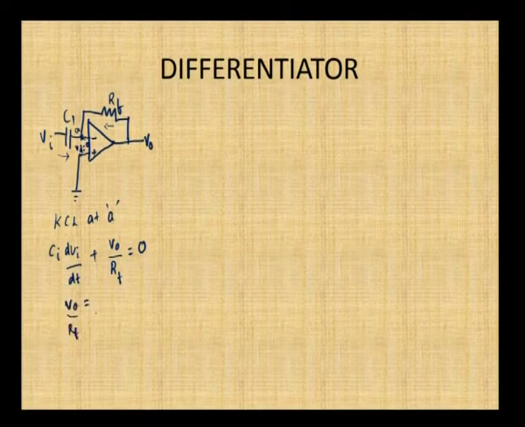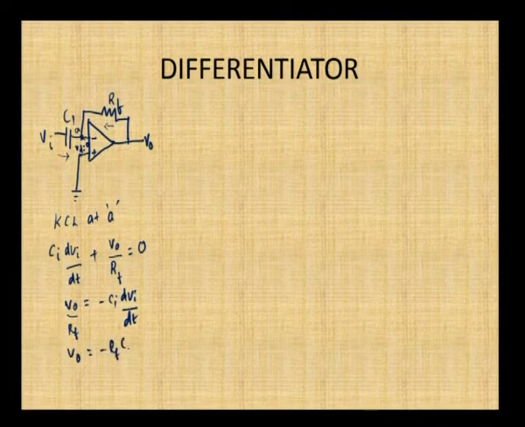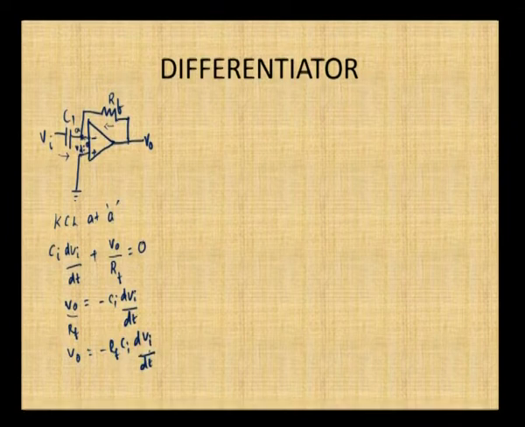V naught by RF is equal to minus Ci dVi by dt, and V naught is minus RF Ci dVi by dt. So, from this equation you can say that the output is the derivative of the input. And what is this RF and Ci?